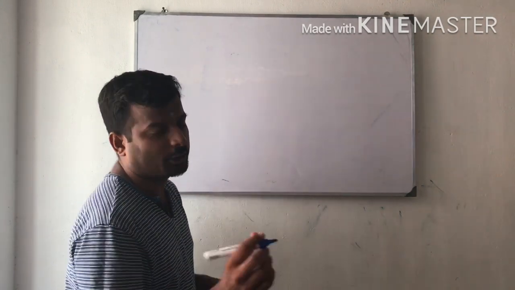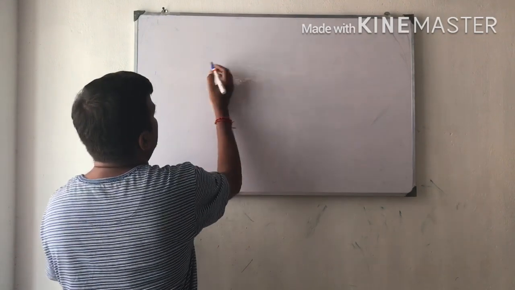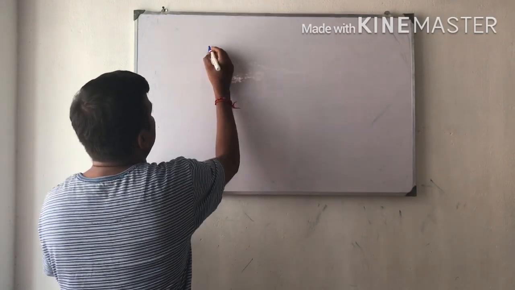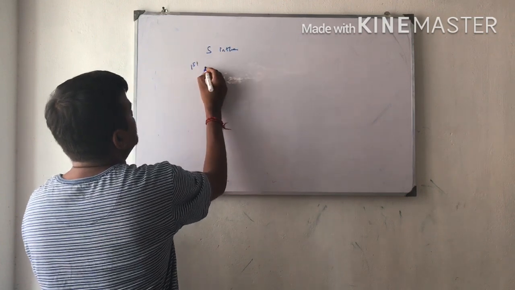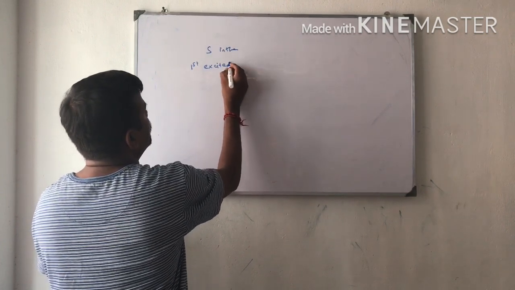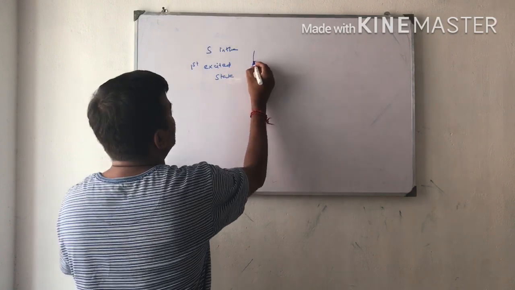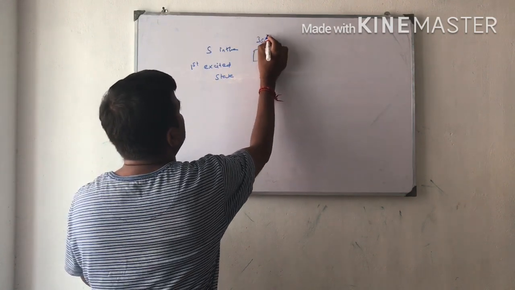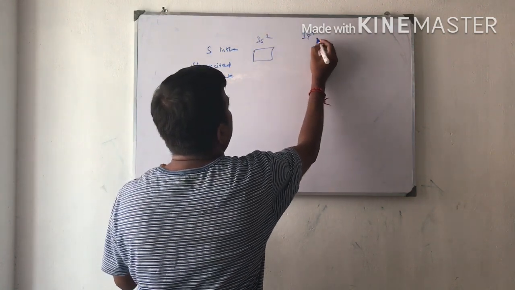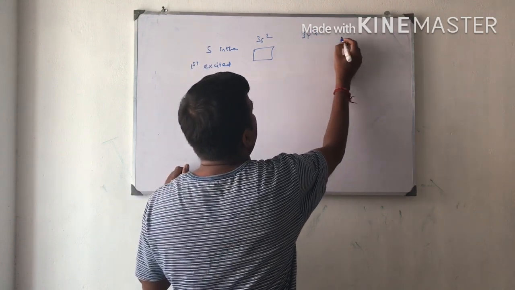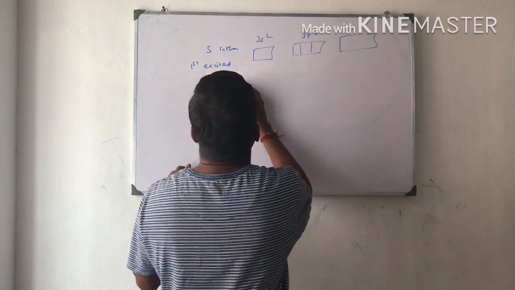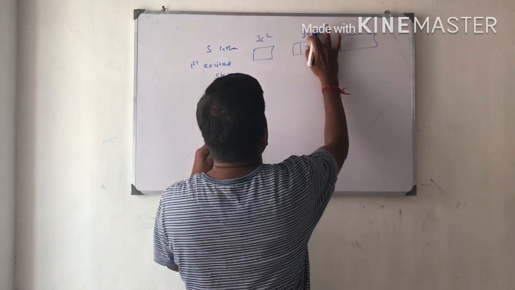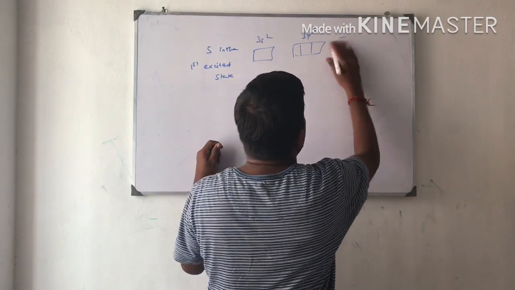Now I am going to explain the sulfur dioxide characters. Sulfur in the first excited state is 3s2, 3p3, 3d1.